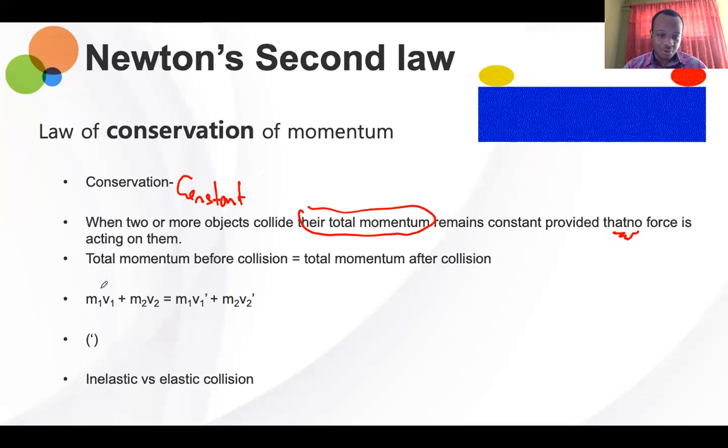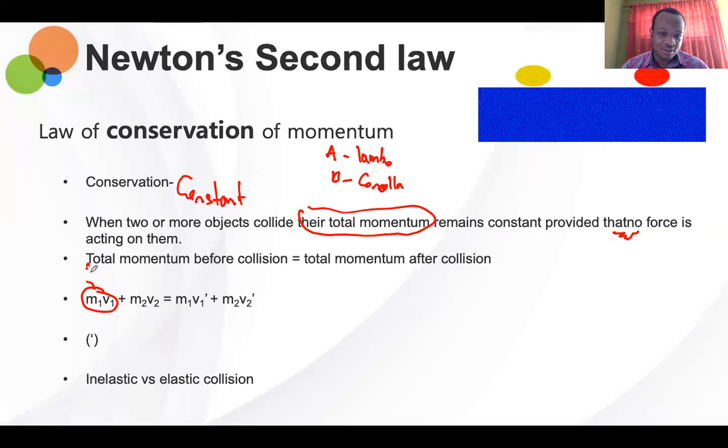Let's just say object A is our Lambo, and object B is our Corolla. Mass 1 is object A, and mass 2 is object B.